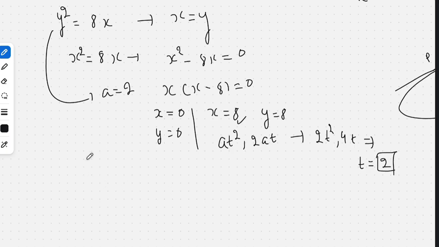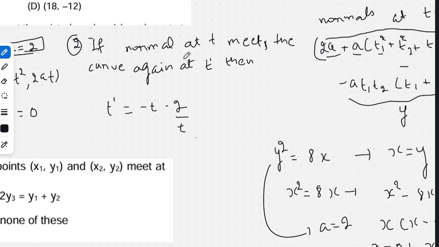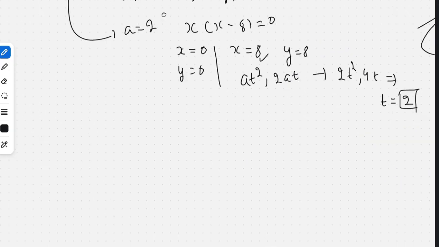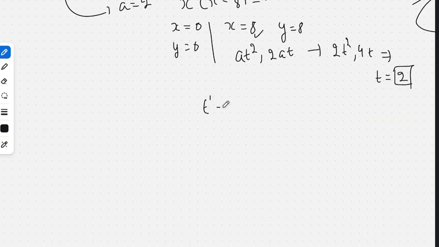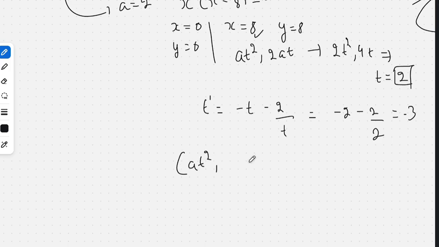Okay, we know from the second result, if the normal at t meets the curve again at t dash, then t dash is minus t minus 2 by t. So we can simply use the result directly. T dash is minus t minus 2 by t, so it will be minus 2 minus 2 by 2, or minus 3. So this t dash is minus 3, and you have to find the parametric point (at square, 2at).